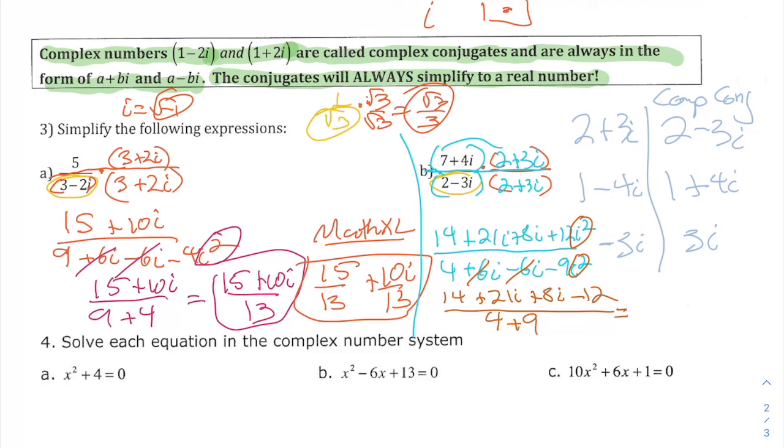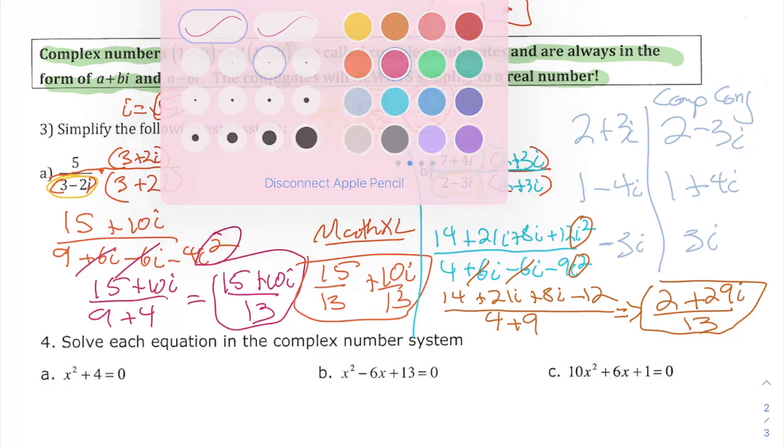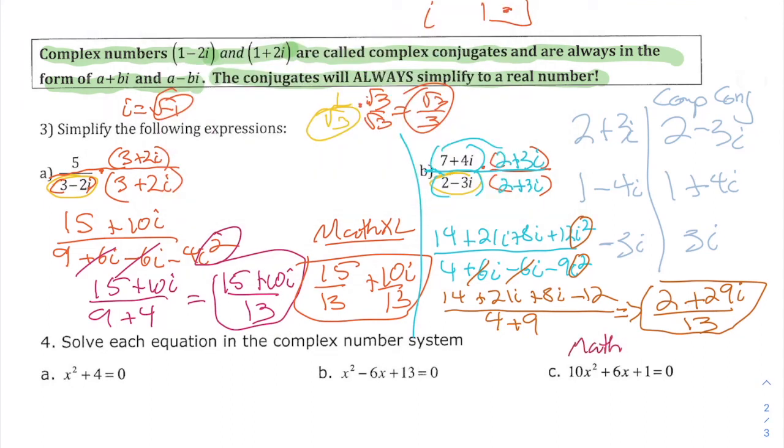And now, simplifying my numerator, I get 2 plus 29i over 13. And this answer is great for us, but remember, for MyMathLab, they're not going to accept that. So for MyMathLab, you have to write your answer as 2 over 13 plus 29i over 13.